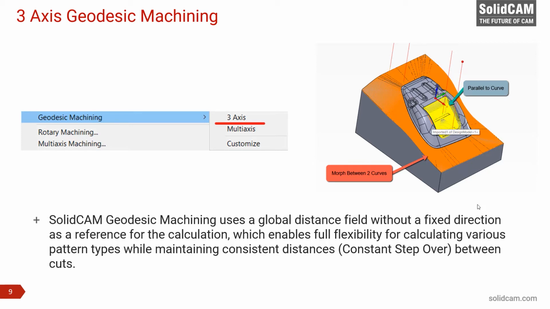Each surface that is being cut, we look normal to that surface and calculate the step over. If you look from the top, you will feel that the toolpath is quite crowded in a certain area, but when you look normal to those surfaces, you'll realize that the toolpath actually has a consistent step over on that particular surface. So we do not look from the Z direction, but in the direction normal to the surface that's being machined.